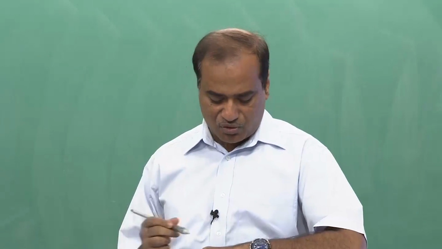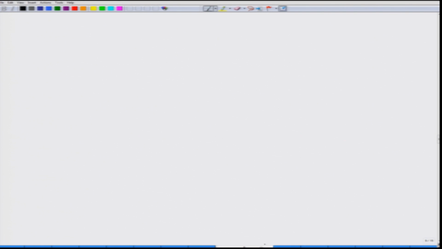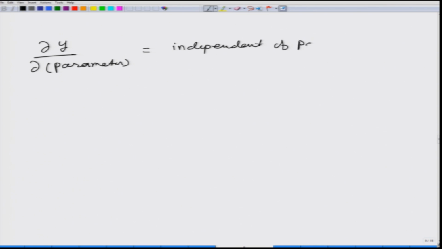If you observe these examples, looking at these four equations, if I write the partial derivative of the output y with respect to all the parameters, and if this is independent of parameters, then the model is linear.